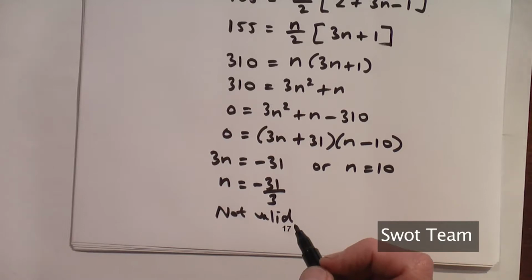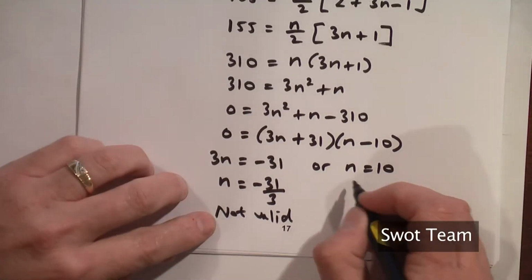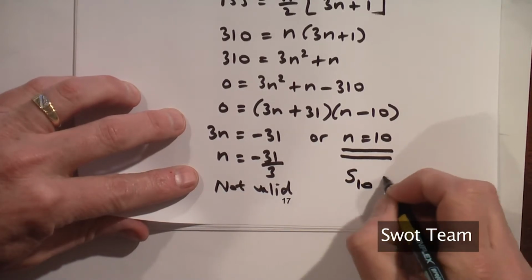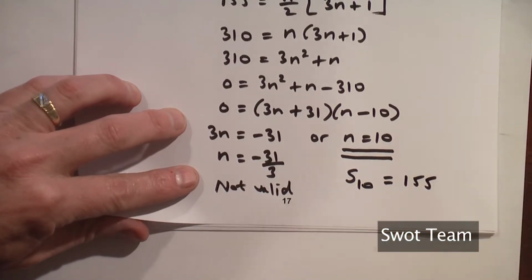You have the first term, the second term, the third, but you can't have negative 6 terms, and you can definitely not have the first 1.5 terms. You can't have a fraction either. So this is not valid. The number of terms is clearly 10. If n is equal to 10, then the sum of the first 10 terms will be 155.